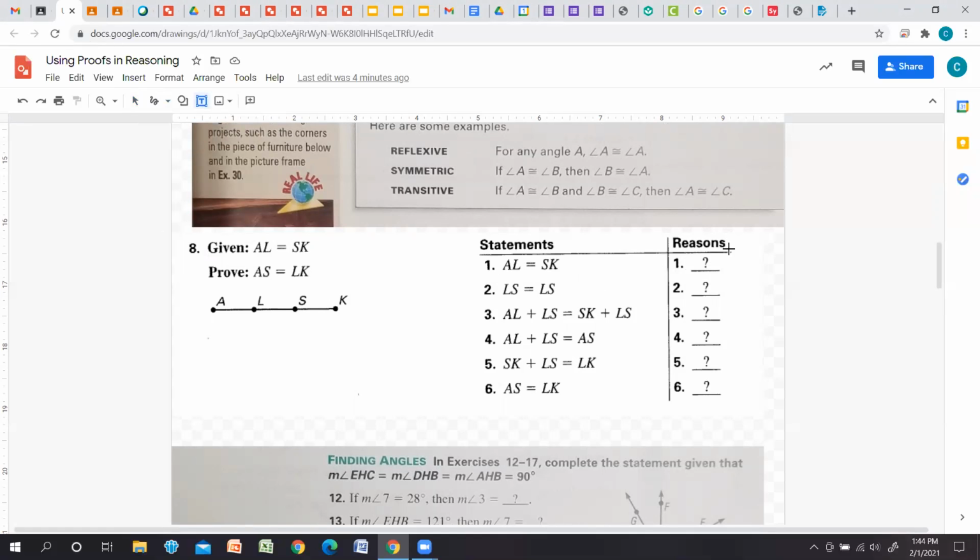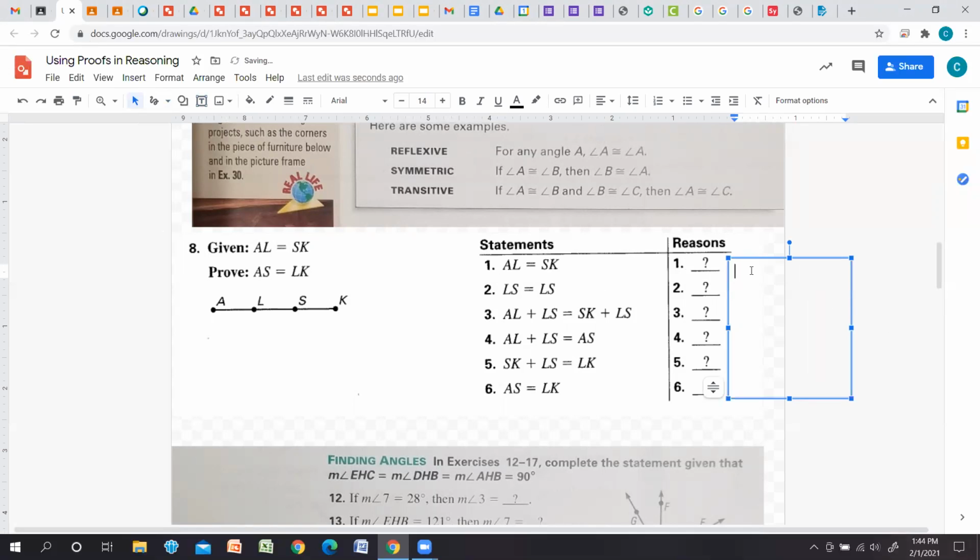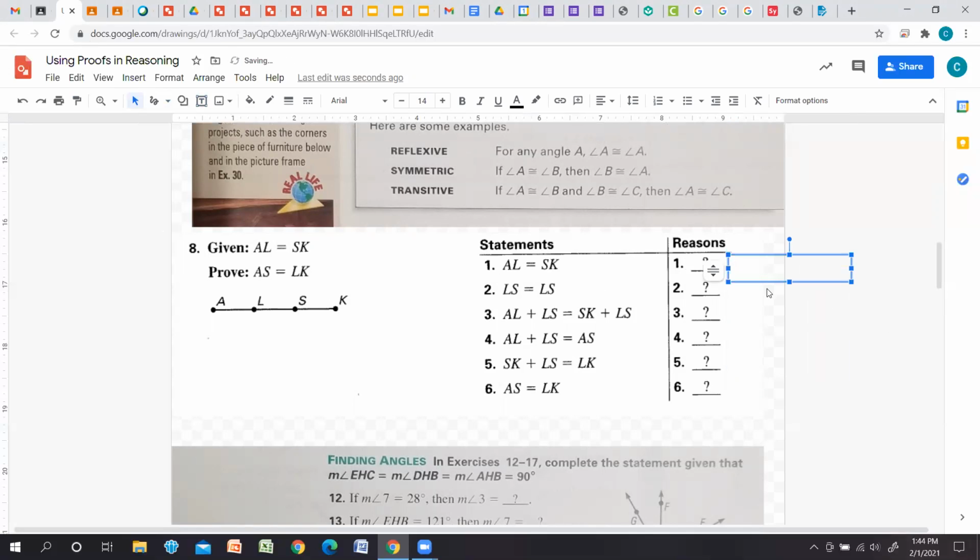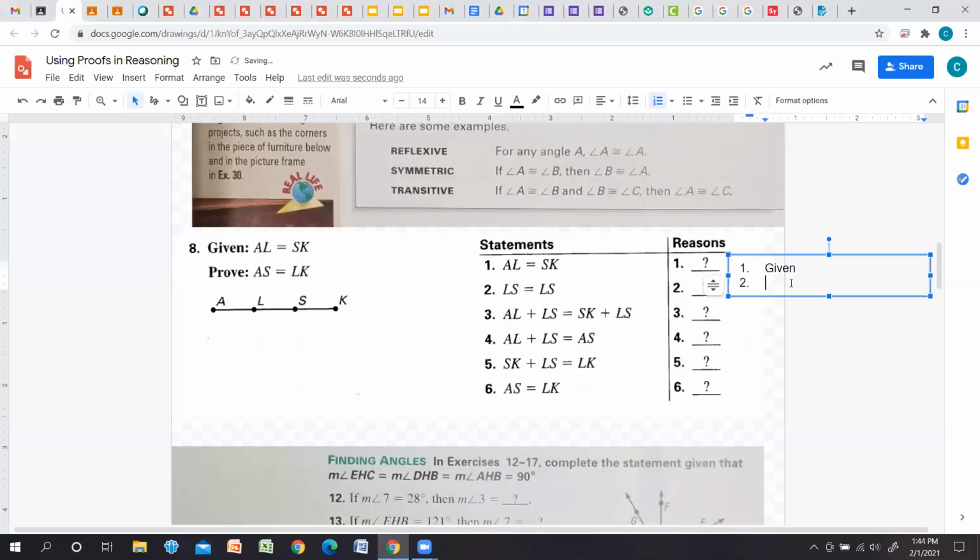I think we're going to type it instead of you writing it out. So number one is given. Number two says LS is equal to LS. That's a property we haven't used a lot, but that's the reflexive property. So we could just say reflexive property.